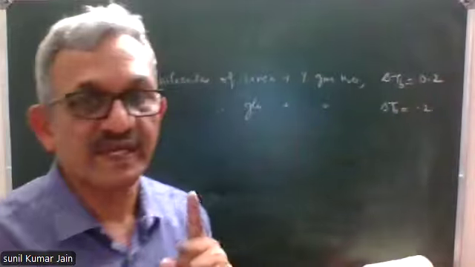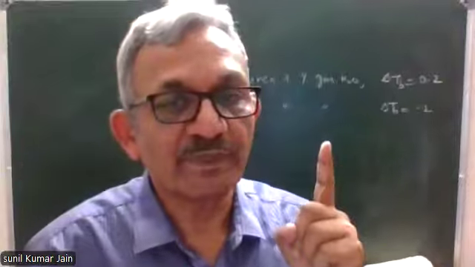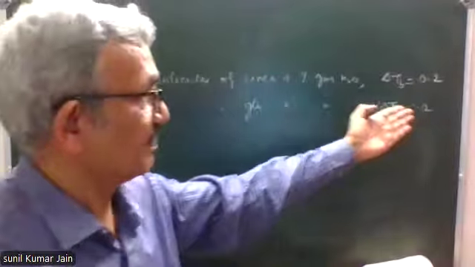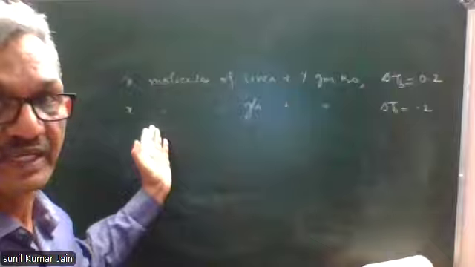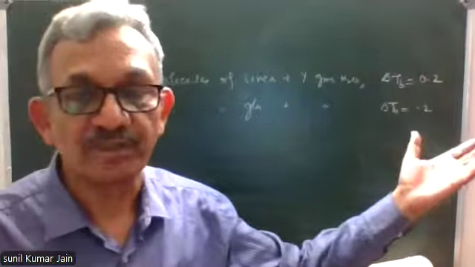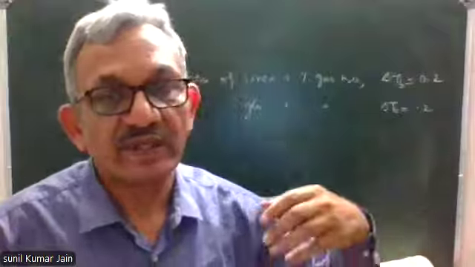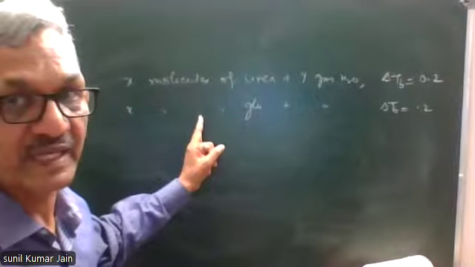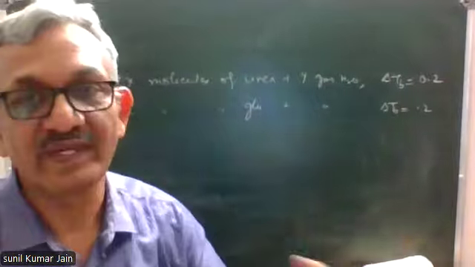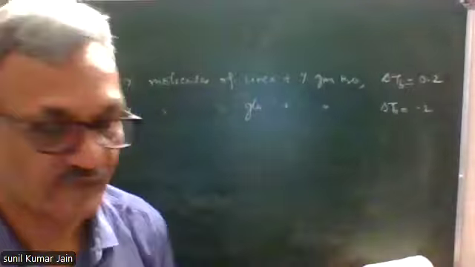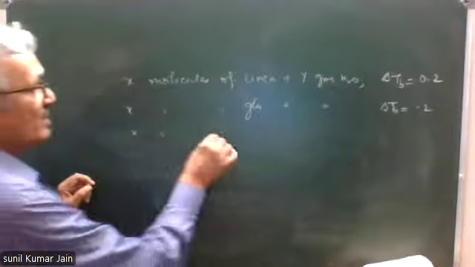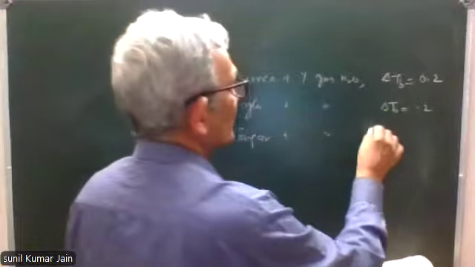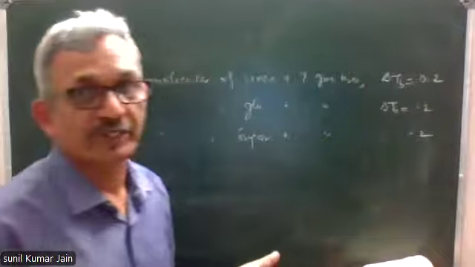Elevation in boiling point will be the same because the definition says that the value of a colligative property depends on the number of solute particles irrespective of their nature. It means whatever be the solute, the value of colligative property will remain the same provided the number of solute particles and the amount of solvent are the same. So if I dissolve the same number of molecules of sugar in the same amount of solvent, elevation should be 0.2.